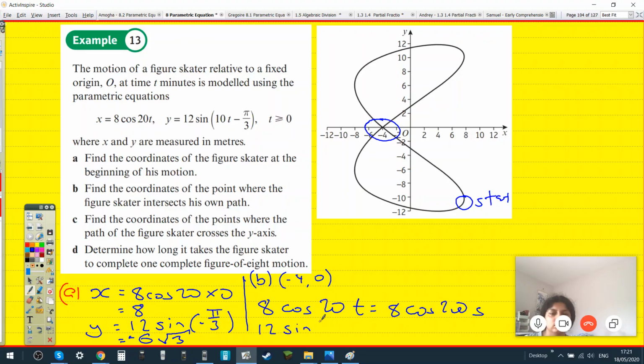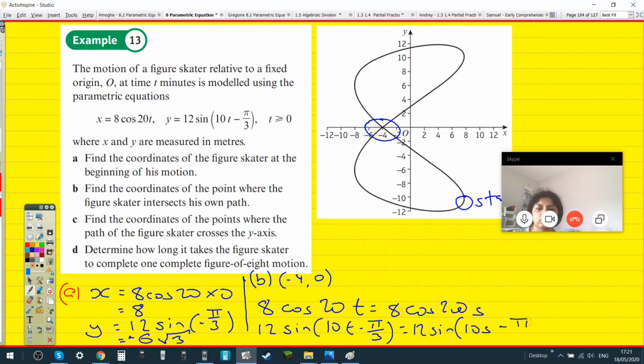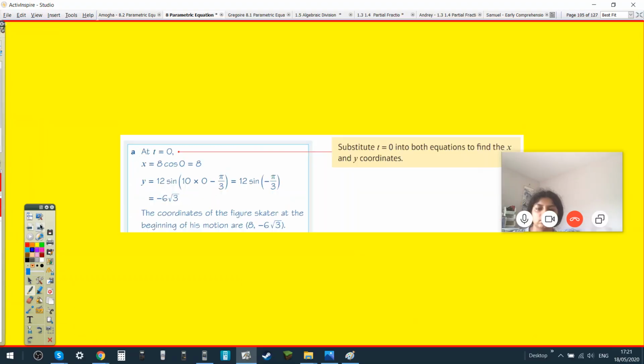So 12 sine of t minus pi over 3 equals 12 sine of s minus pi over 3. And is there something we can possibly do, or does it just boil down to t equals s both times? T shouldn't be equal to s though. No, that doesn't work. Let's take a look.